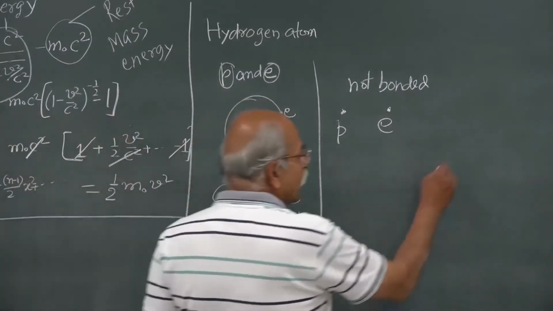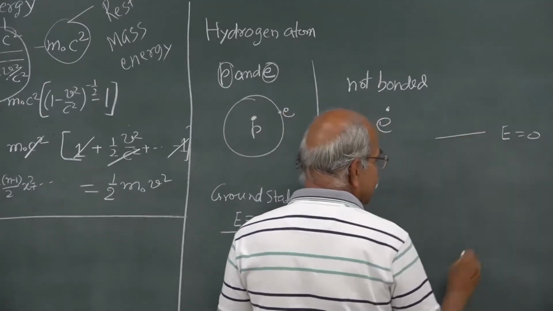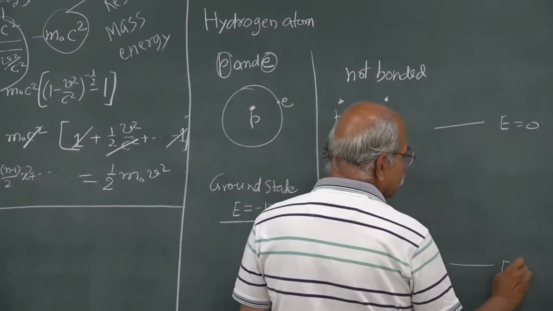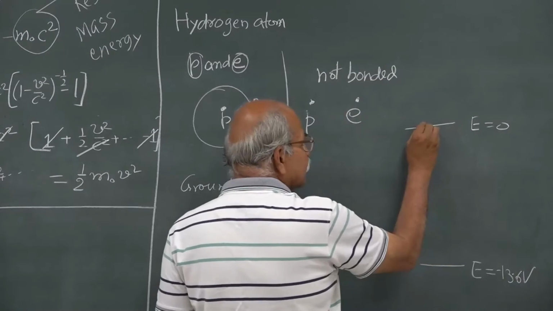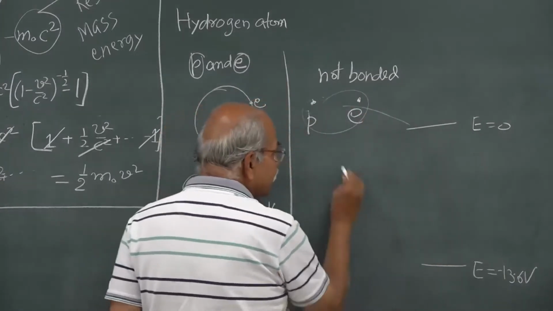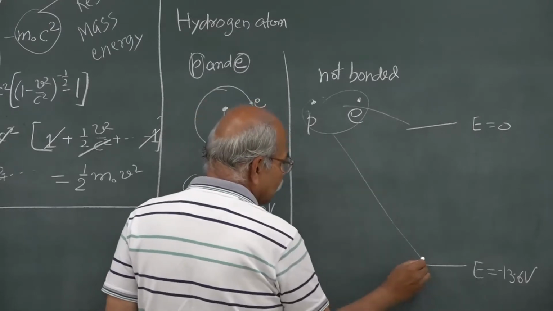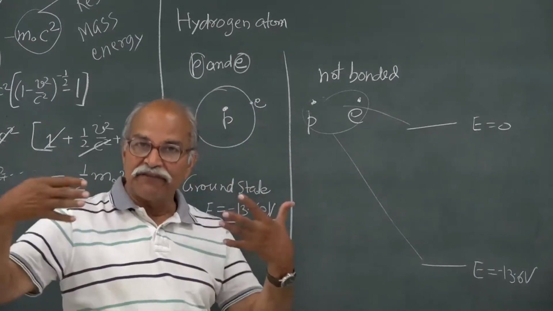So, when we draw our diagrams, this is energy equal to 0 and then we say that energy is minus 13.6 eV. This is when the proton and electron are separated, and this is when they are bonded. This is when they are bonded, and bonded also can be in different fashions.